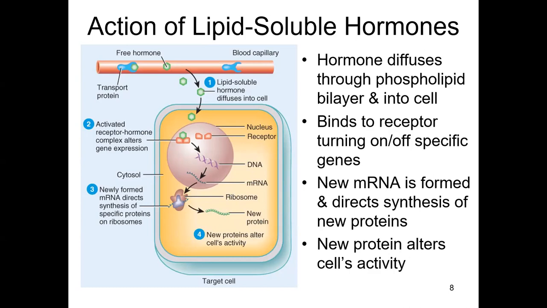The specific aspects of lipid-soluble hormones and their effects will be coming mostly in this chapter, although estrogen and testosterone, their effects we'll be seeing mostly in the reproductive chapter. So this is how lipid-soluble hormones can deliver their message and lead to the production of new protein.